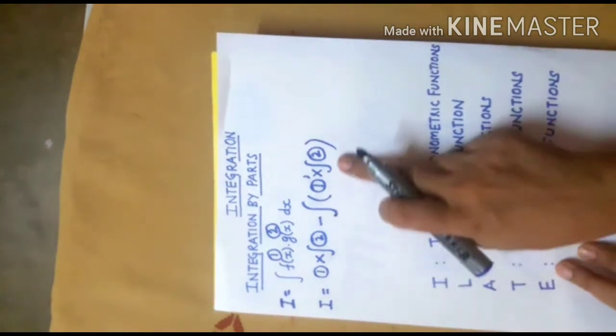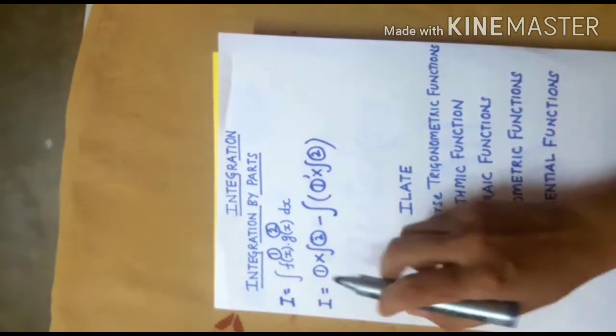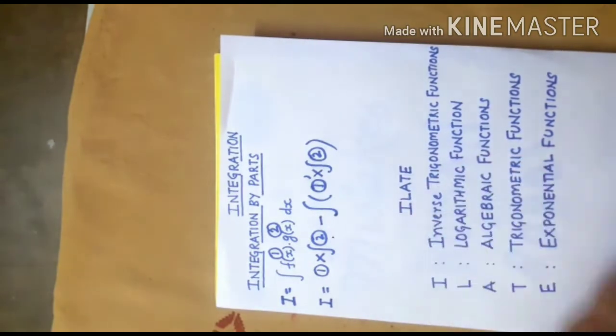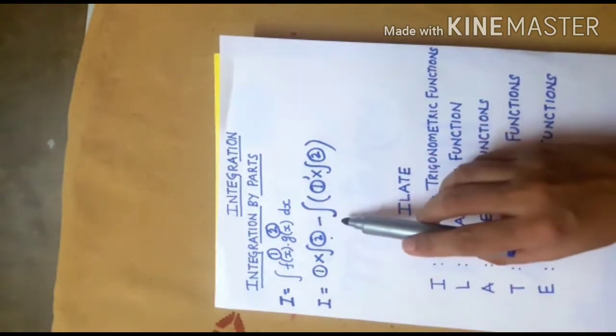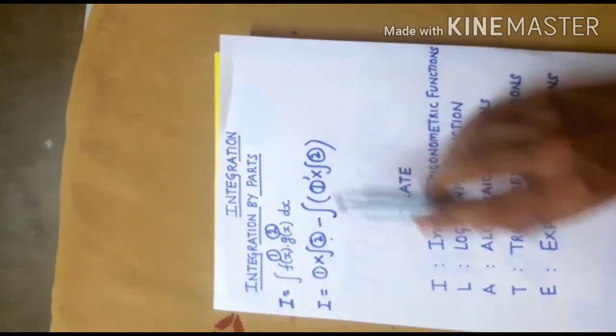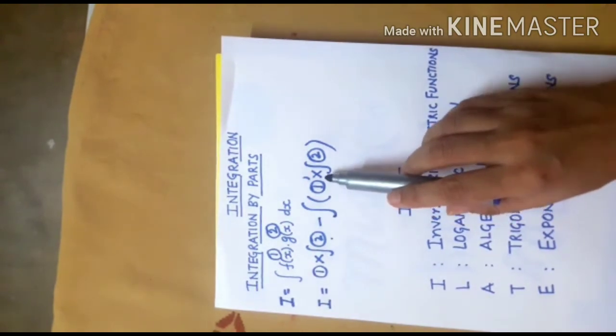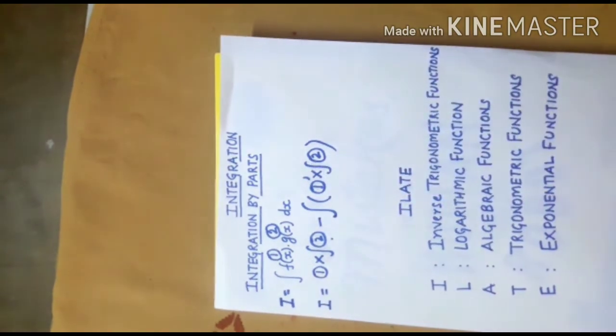This is the integration by parts: first into integral of second minus integral of product of derivative of first and integral of second.